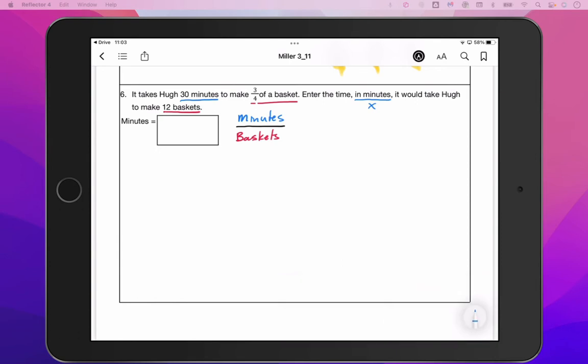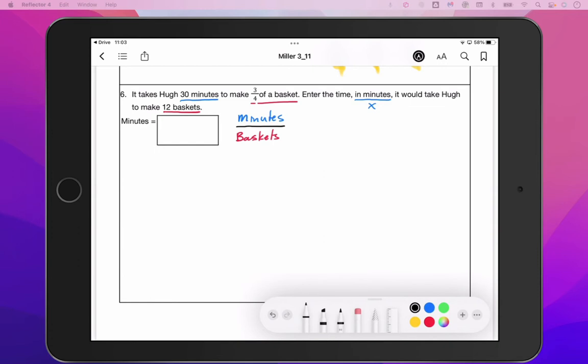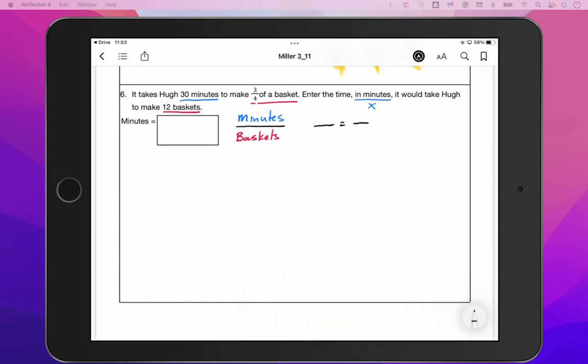And so what we've got is we're going to have a proportion of 30 minutes to make 3/4 of a basket, and X minutes, we don't know the number of minutes, to make 12 baskets.